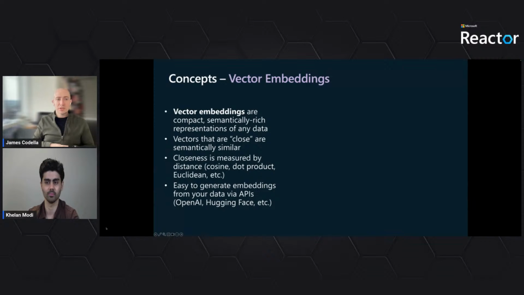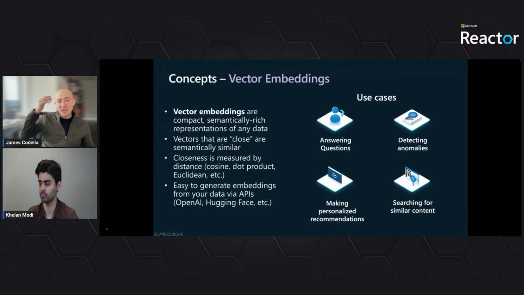You can use numerous APIs, for example, Azure OpenAI has the Ada 2 embeddings that you can use to generate text embeddings, and the Hugging Face library also has a wealth of different models that you can explore for generating embeddings. So it's become incredibly easy to generate embeddings from your data today. The applications and ease of use for vector search have really skyrocketed in the past few years.